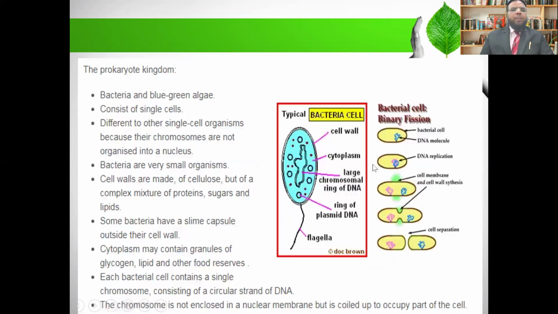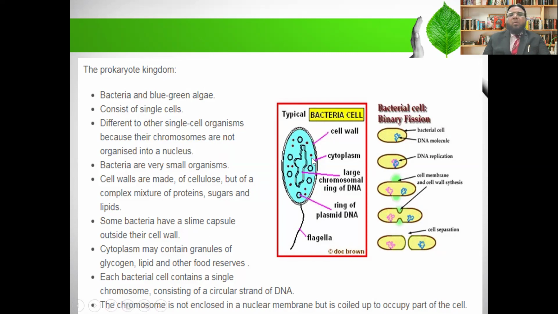Next one is the kingdom Prokaryote. In the prokaryote kingdom, we keep all sorts of bacteria. Bacteria and blue-green algae consist of a single cell, different from other single-celled organisms because their chromosomes are not organized into a nucleus.